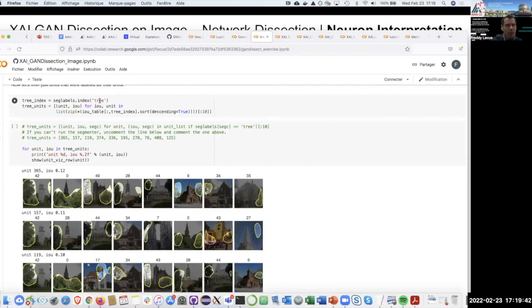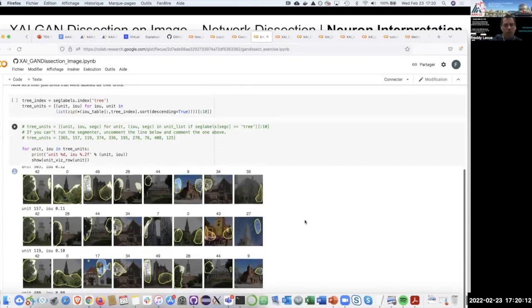So that's the index tree. That's the tree that you're looking for, and they try to see which units, unit 365, 157, with the unit and the IoU score, and they show the unit visualizations based on the images that they have. So those are the different images, and they see the different units and how they react to those.